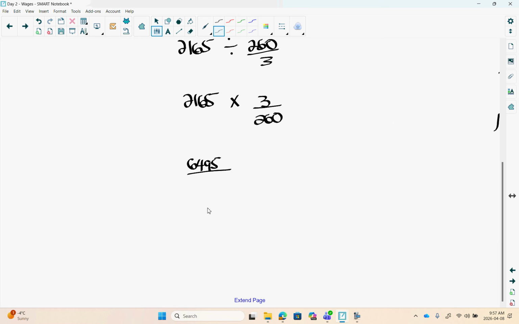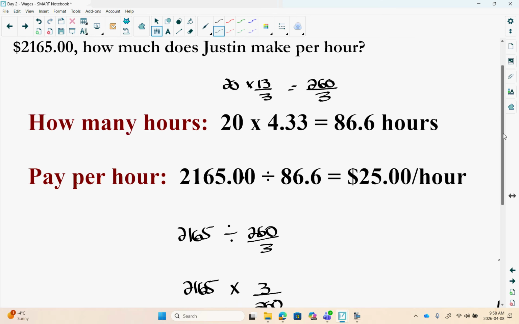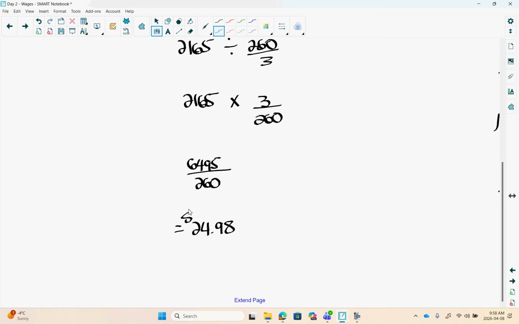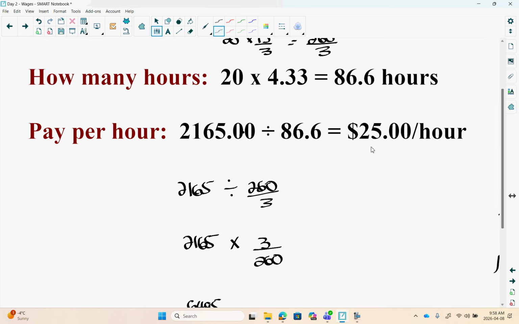Bottom by bottom, 1 times 260 is 260. 6495 divided by 260. There's my $24.98. So I'm not that far off by rounding, am I? That would represent $24.98 per hour. $25 an hour. Everyone okay with example number 2?